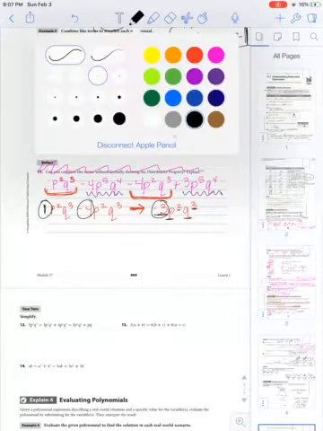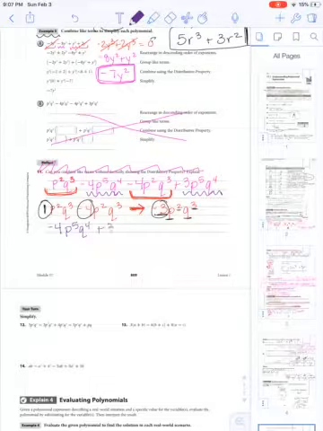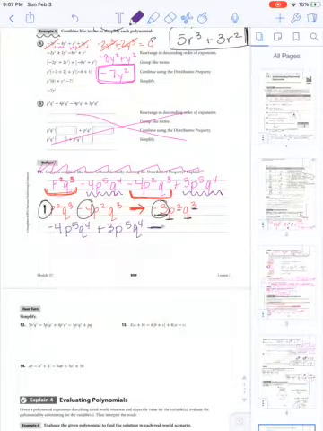Okay, and then I'm going to go ahead and do the same thing for the terms that I have drawn a squiggly under. I'm going to combine those and simplify that, draw an arrow, and so I'm actually going to combine my coefficients. So negative 4 plus 3 is going to give me a negative 1.